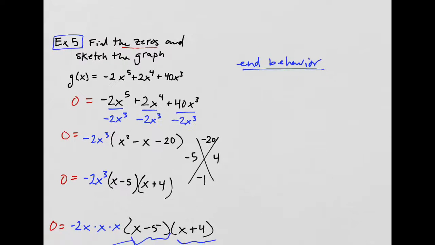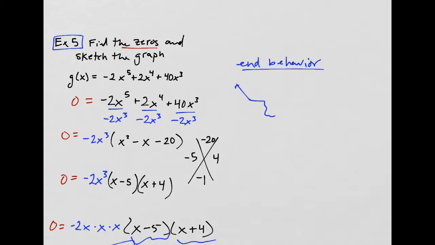But the end behavior model would be, well, I have an odd degree, right? Odd degree with a negative. Remember, odd degree, hopefully you're looking back at your notes if you don't remember, either looks like a line sloping upwards or a line sloping downwards. And in this case, it's going to be sloping downwards.